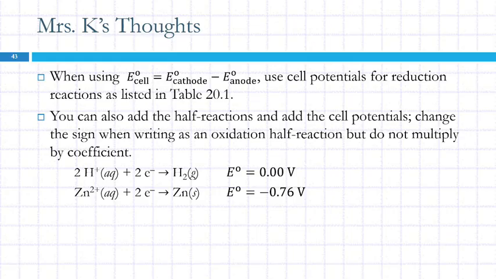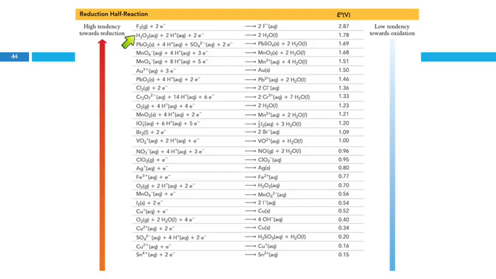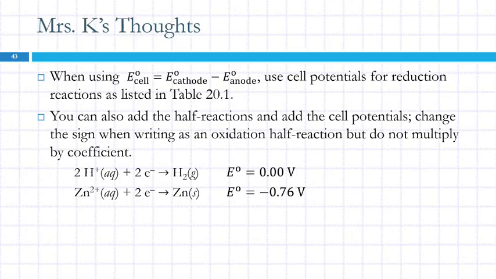So, to calculate the standard cell potential, it's the cathode minus the anode. And you look up the reduction potentials in a table such as this one. These are all for the reduction, so these are all gaining electrons, and this is the potential relative to a standard hydrogen electrode.